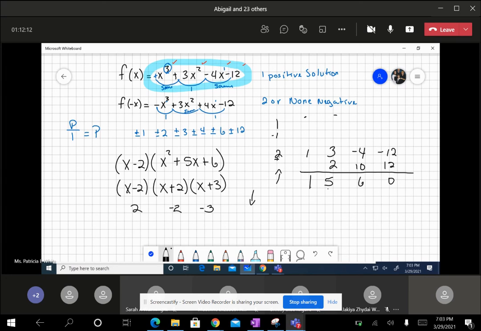Is it going to touch or cross at these points? It's going to cross because all of those have an exponent of 1 and 1 is odd, right? Odd exponents cross over, even exponents touch and curve back.